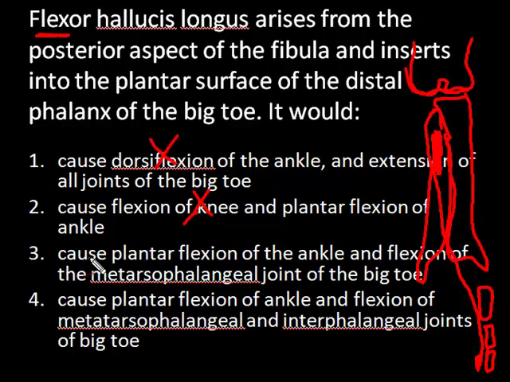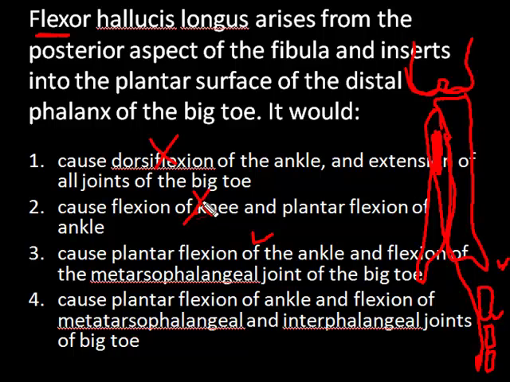Now let's look at these statements. It says it causes plantar flexion of the ankle, which is true, and flexion of the metatarsophalangeal joint of the big toe, which is also true. But the next statement says plantar flexion of the ankle, yes, and flexion of the metatarsophalangeal and interphalangeal joints of the big toe.